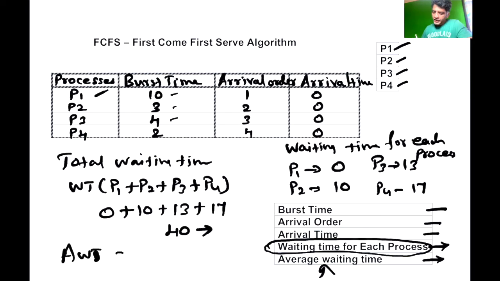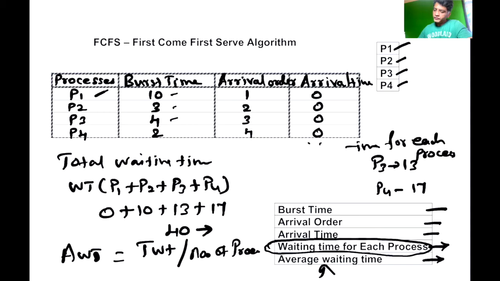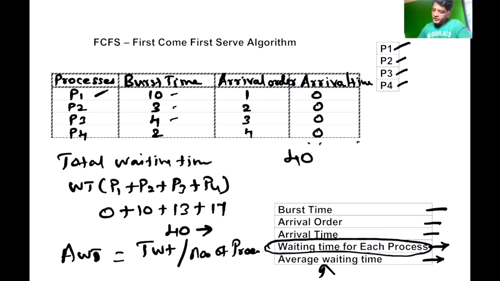Average waiting time is equal to the total waiting time divided by the number of processes. Here the total waiting time is 40, divided by 4.